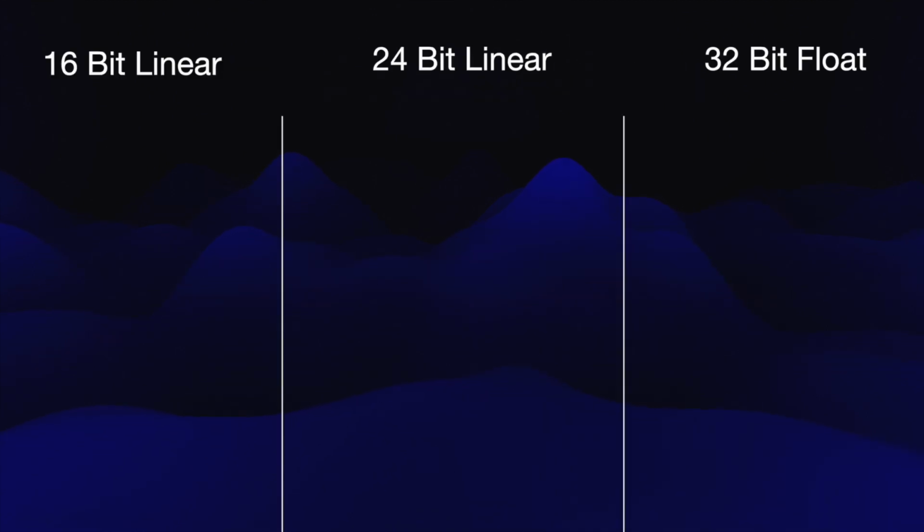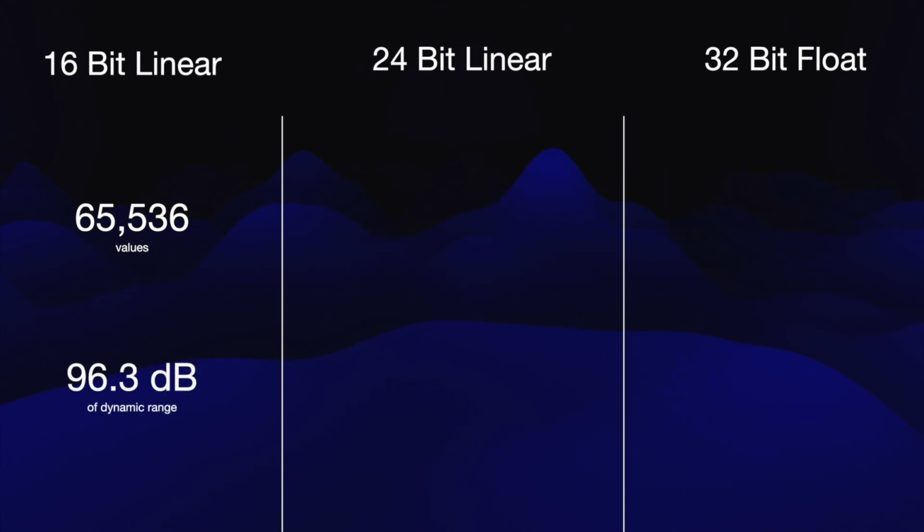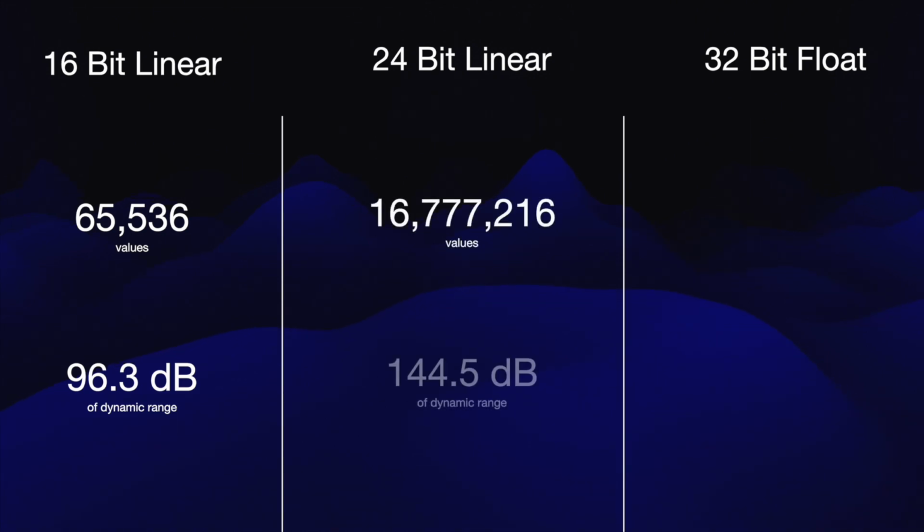And to compare, a 16-bit file can do, I think, 65,000 different values, which translates to about 96 decibels of dynamic range. 24-bit linear can do, I think, like 16 million, which I think translates to around 144 decibels of dynamic range. 32-bit floating point audio can do, it's like a 5 undecillion.